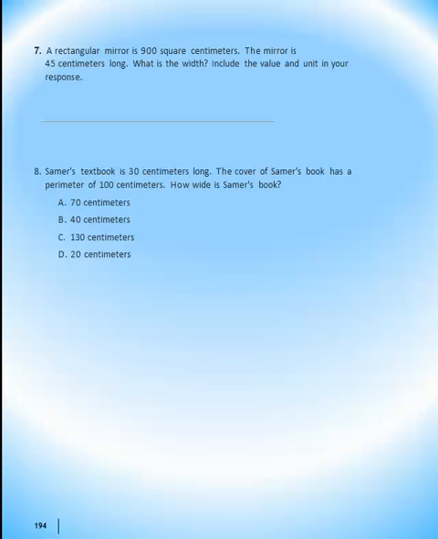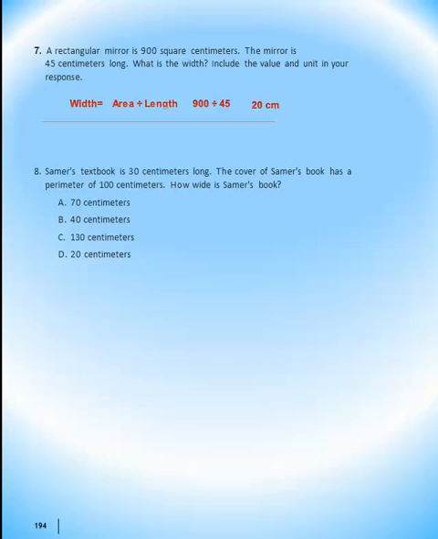A rectangular mirror has an area of 900 square centimeters. The mirror is 45 centimeters long. What is the width? The area here is 900. So when we want to calculate the width from the area, we divide area by length. So width equals area divided by length. 900 divided by 45 equals 20 centimeters.